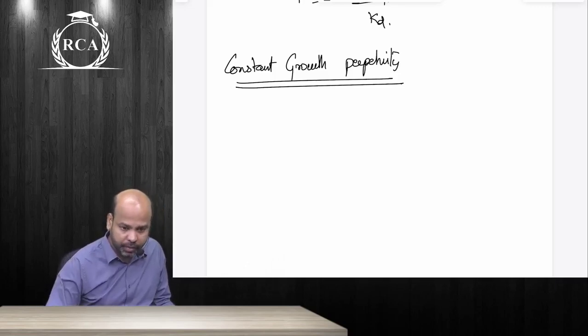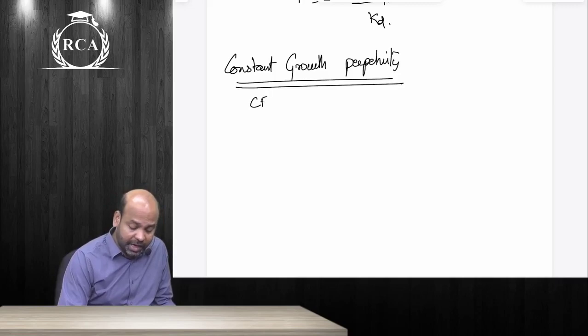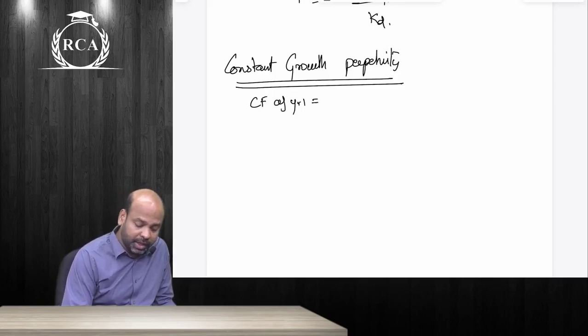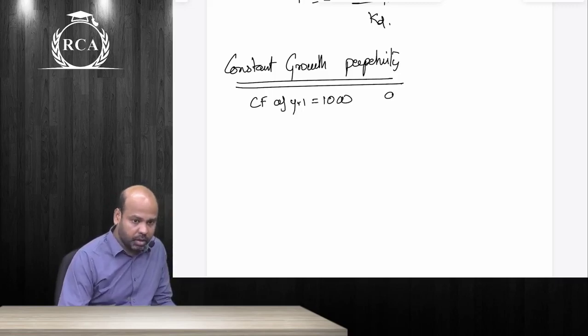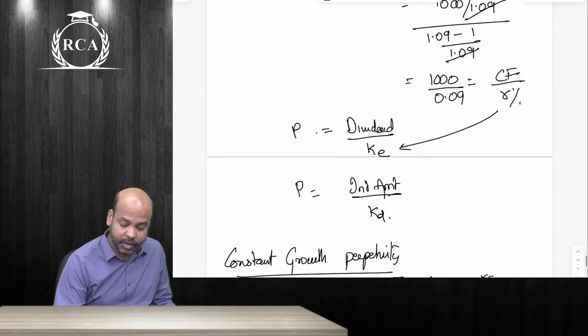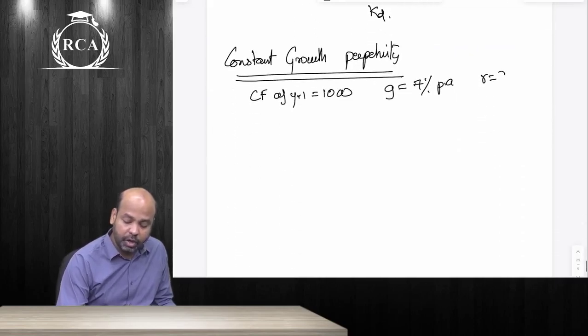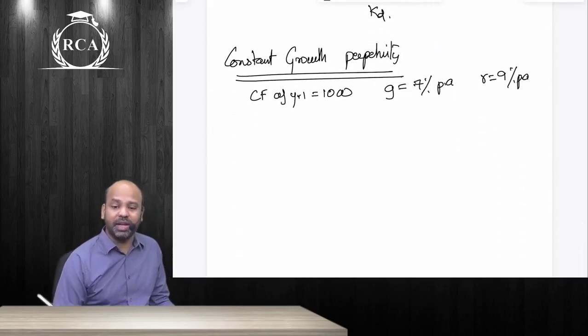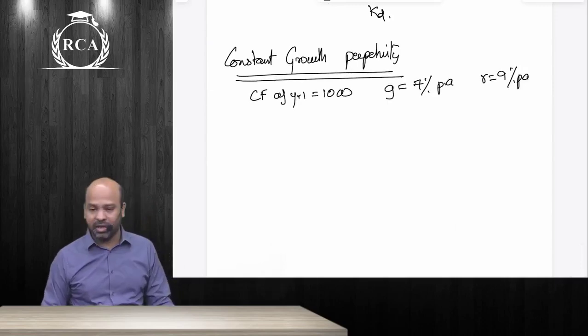But everything is the same, guys. Cash flow of year 1, I make it as 1000. Thereafter, let us say that your cash flows will keep increasing at a rate of 7% every year. And the required rate of return, how much did we take in the last one? 9%. Your required rate of return is 9%, but the growth rate in cash flow is 7%.